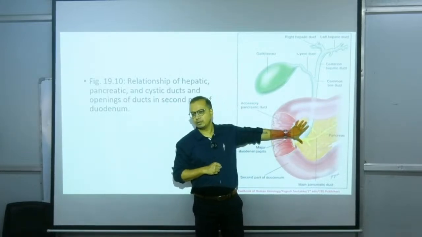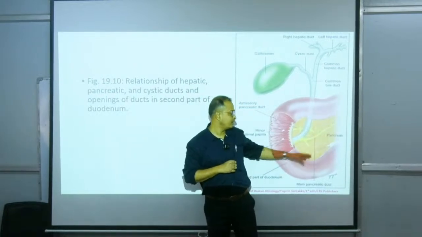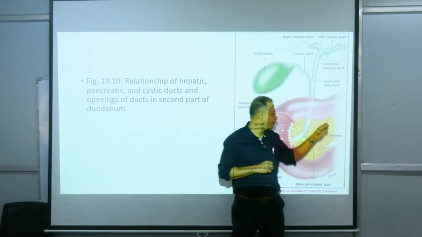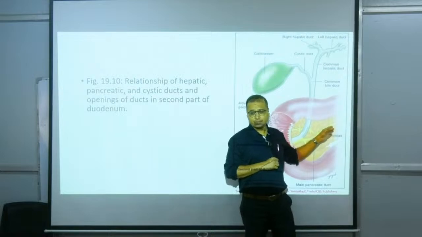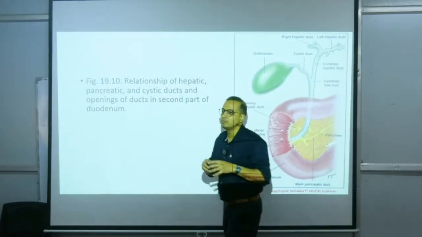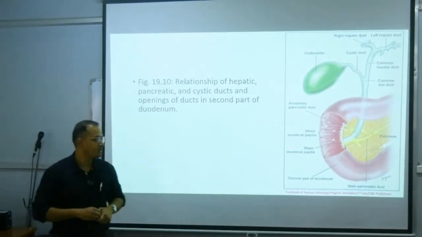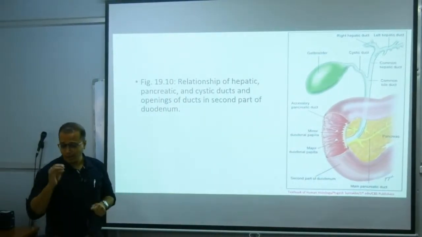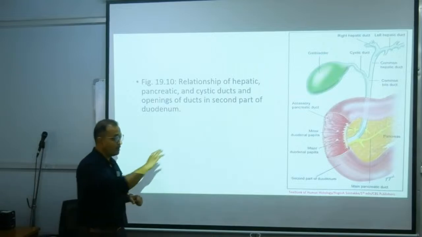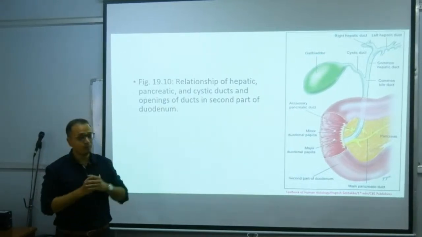We do not see endocrine cells in the head or neck regions. As we move from the neck to the body and then to the tail, towards the spleen side, we see more and more isolated cells floating in the pancreatic tail and body, related to the splenic region.